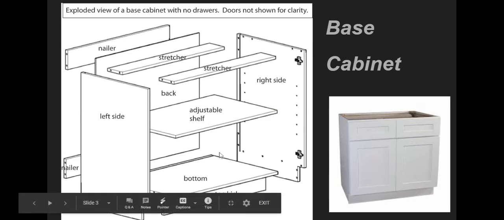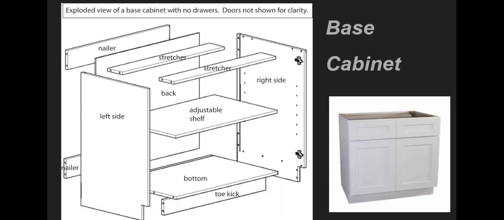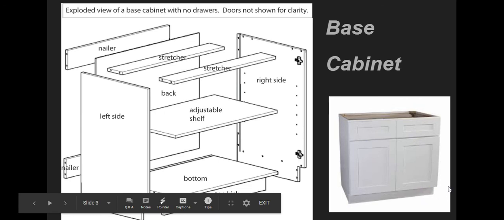You have the bottom of the cabinet, and then if you see down here, it's called the toe kick if you look at the bottom here. So what happens with base cabinets, and if you look in your house, you have a little spot that's going to be lower down here on the base of the cabinet. That's where your feet are going to hit the cabinet if there wasn't this little recessed area, and they call that the toe kick.